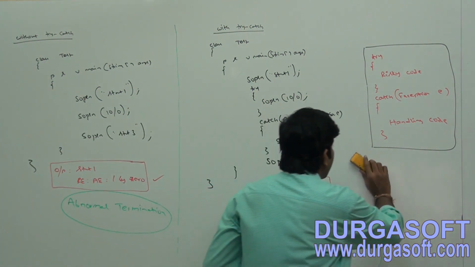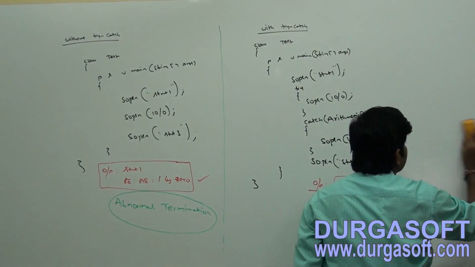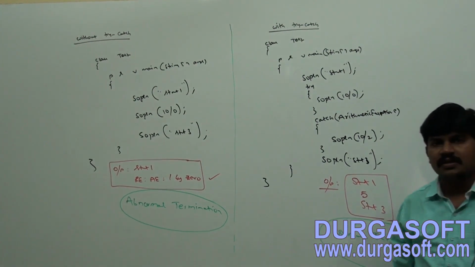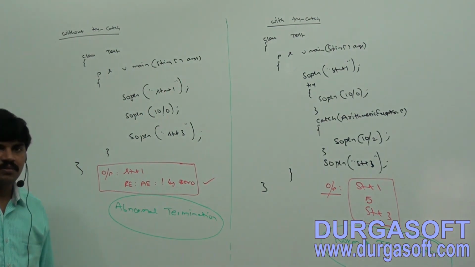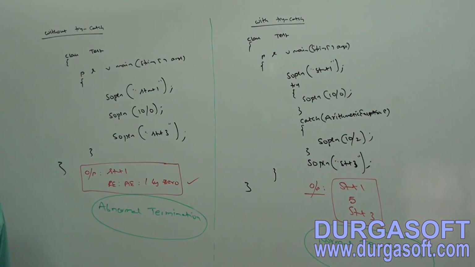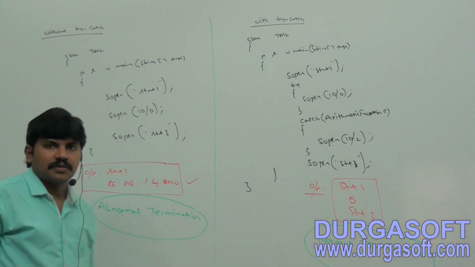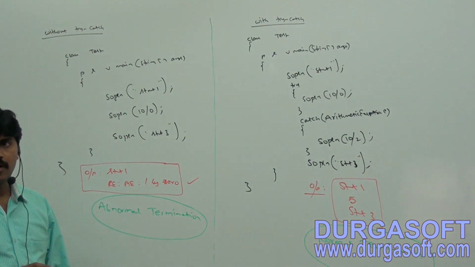One is abnormal termination, the other one is normal termination. With the try catch, and SOP of statement 1, completed, I hope.